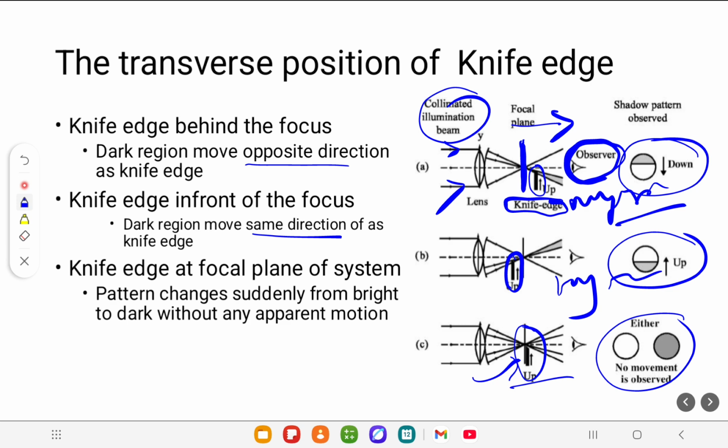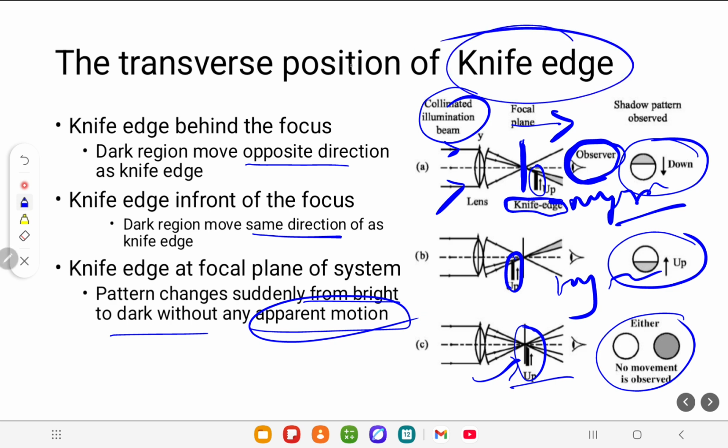That's where we find neutralization. Suddenly it becomes bright and dark without any apparent motion. At the focal point we have to put the knife edge. In a retinoscope, the knife edge means the peephole. That's the concept of basically refraction and optics.